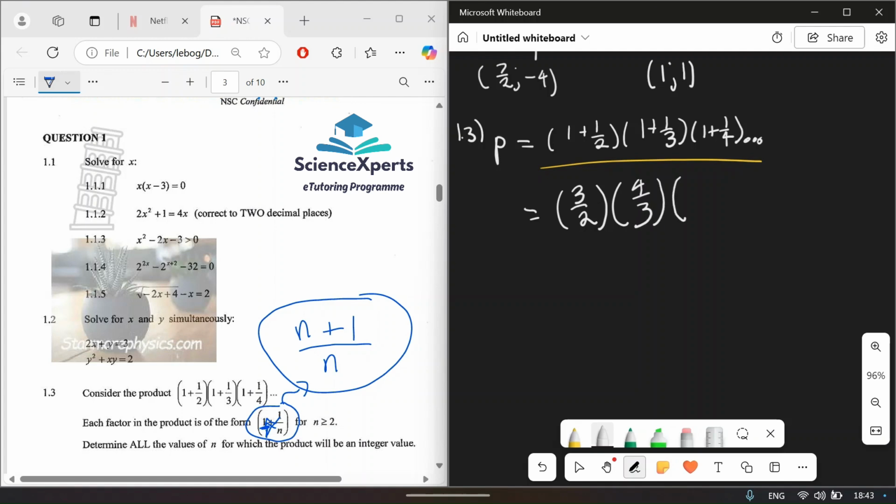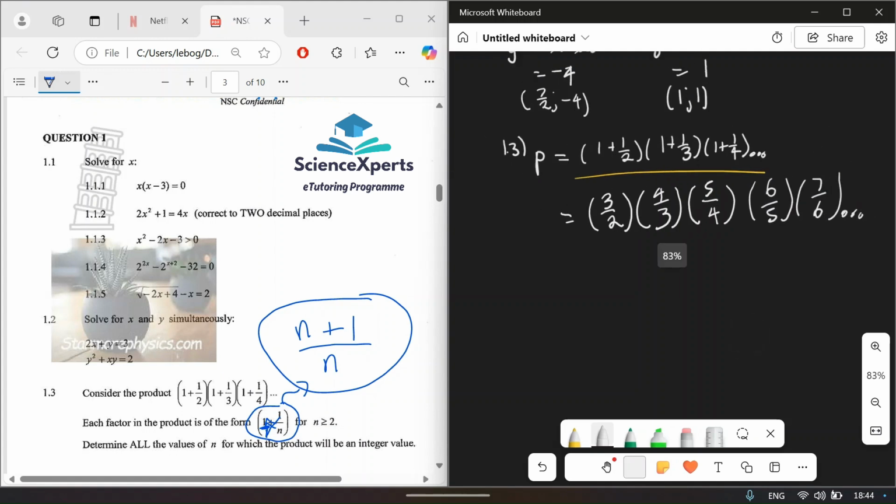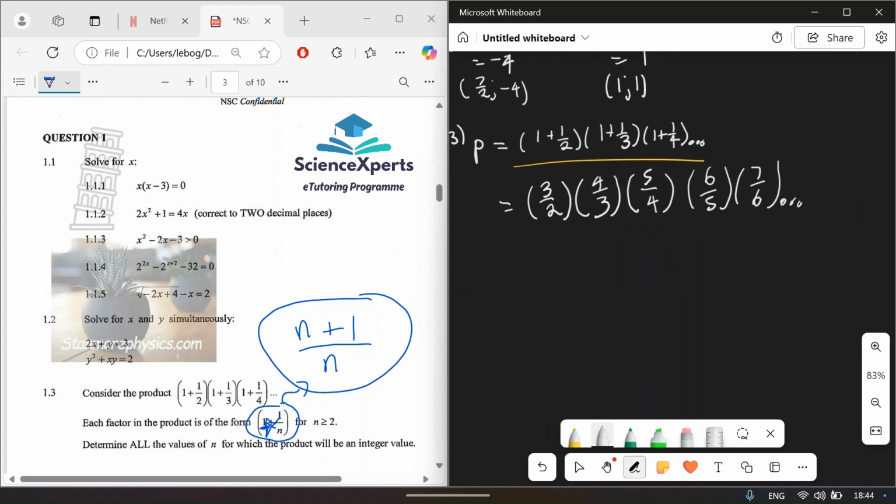The third factor is 4 plus 1 over 4. That's 5 over 4. Then the next one will be 6 over 5, 7 over 6, you see, etc. Yeah? But then the last term, we can say the last term is n, right?